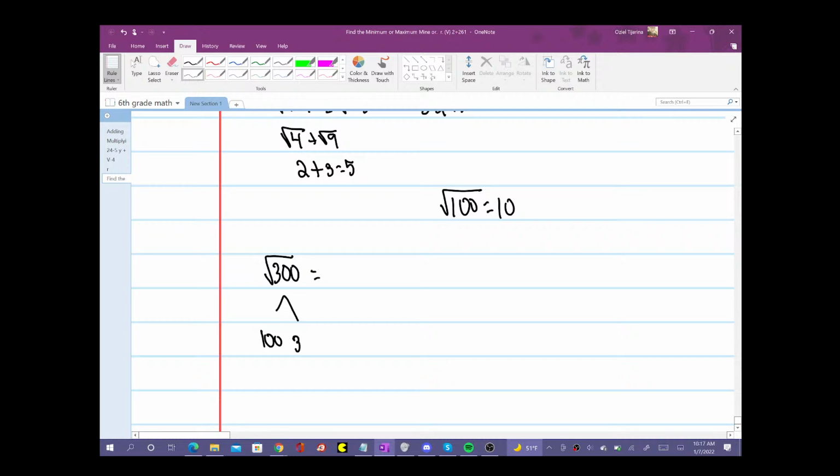So this equals the square root of 100 times 3, which equals the square root of 100 times the square root of 3, which equals 10 square root 3. Okay. Later on, you will have to do plus or minus, but for now, we're gonna just do the positive. Okay.